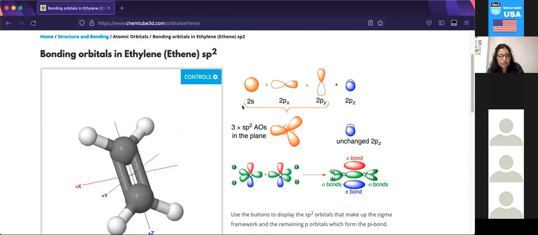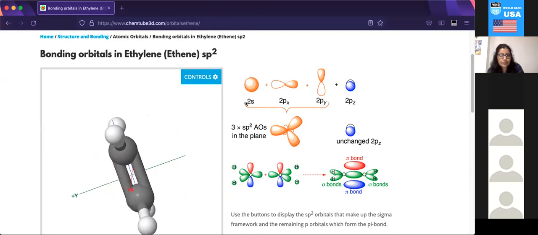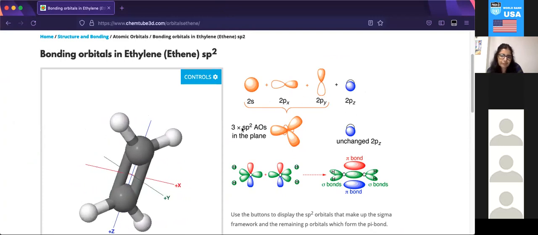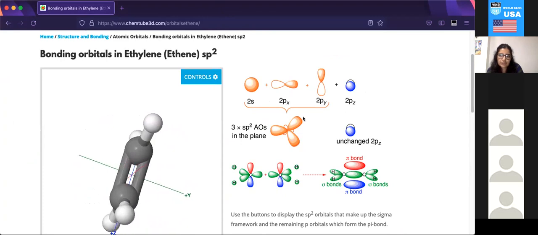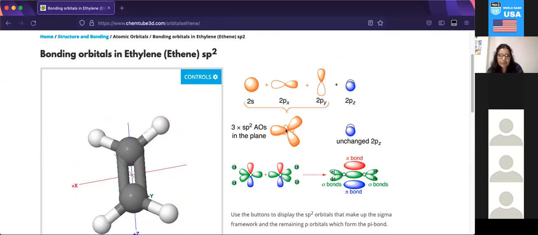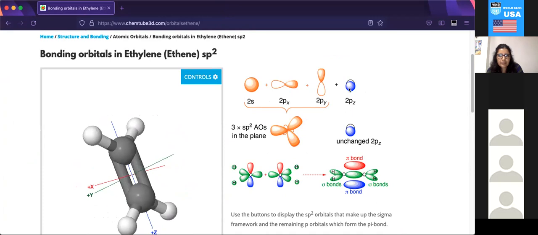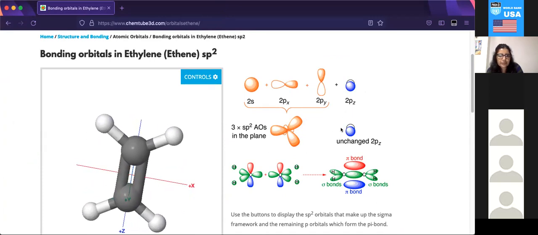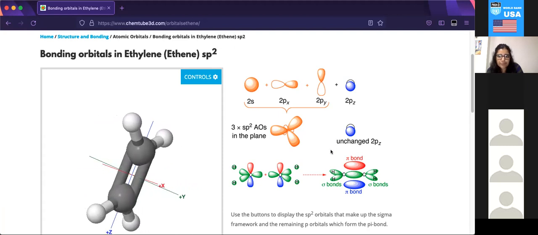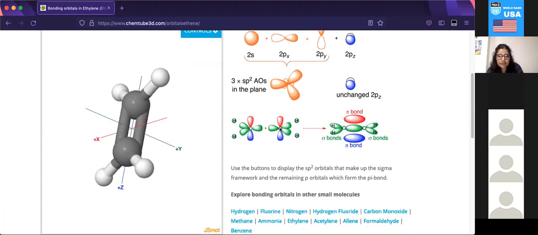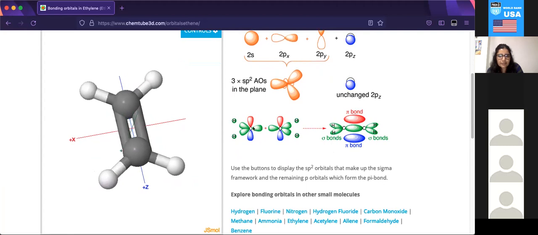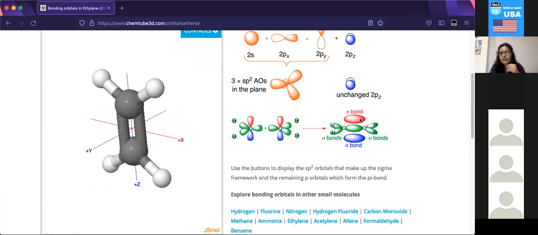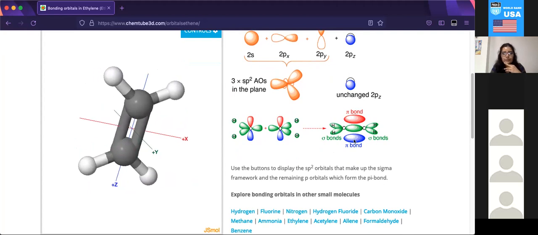For sp2, one of the 2s orbitals and two of the 2p orbitals will give you 3 sp2 hybrid orbitals. They're all in the same plane. And the pz is unchanged. You can see it is perpendicular to this, like you're looking at this view over here. The trigonal planar is in the same plane, the green part of it in this plane. And the pi bond is above and below the plane.